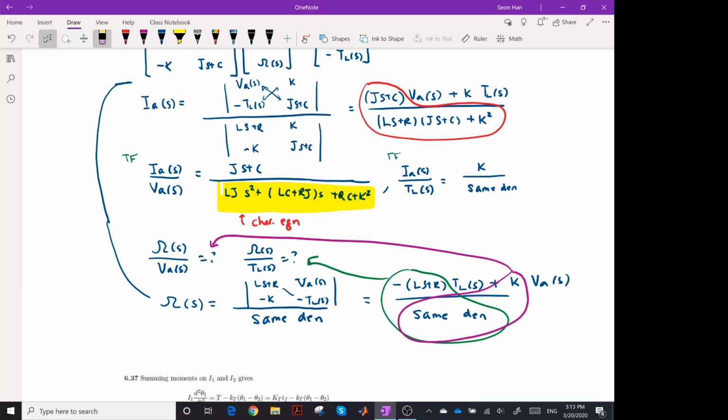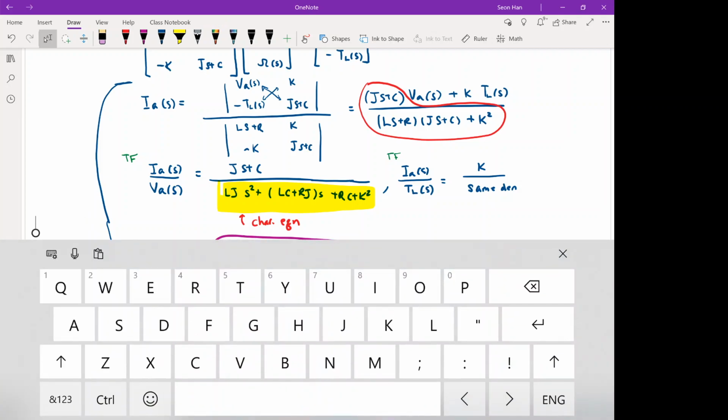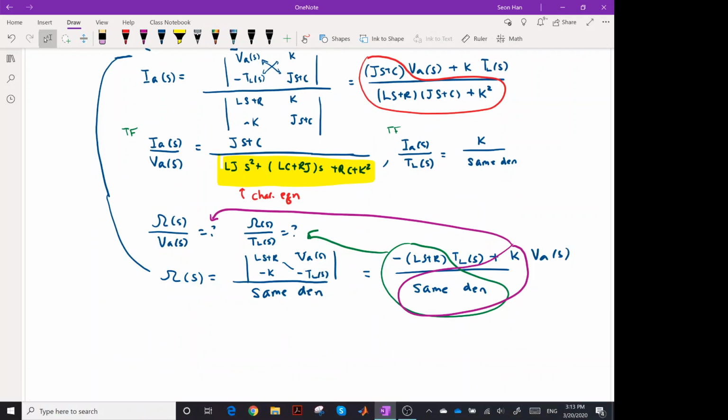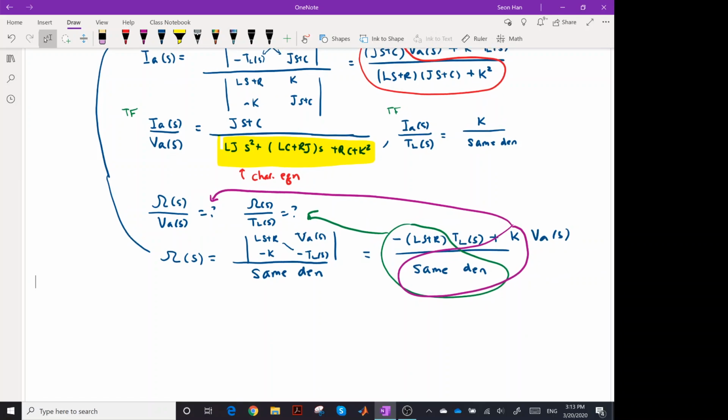So let me see if I have any more space. Okay, I think I can make a little more space. So let's take one transfer function. Sure, why not? This looks good.